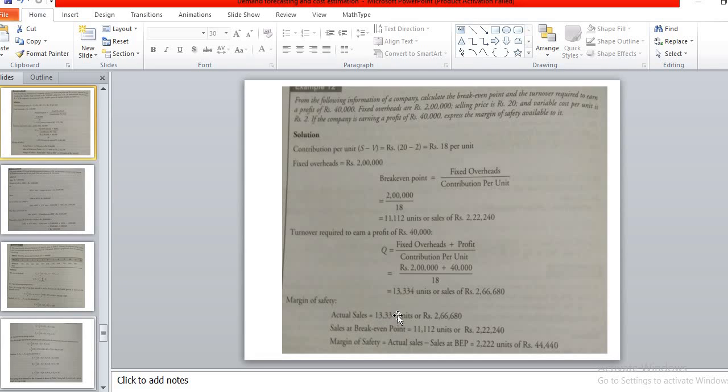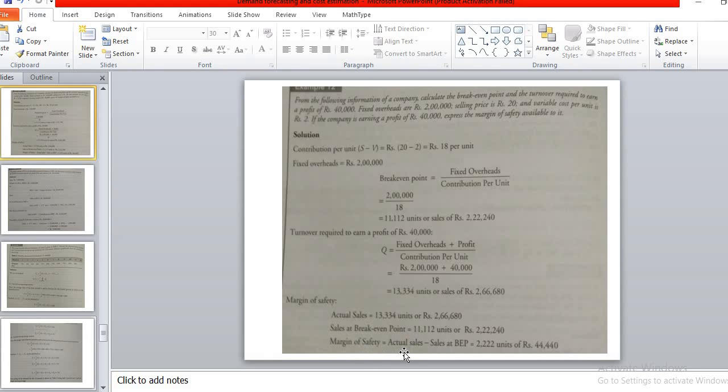Now the actual sale is 13,334 units with this sale value. Sale at break-even point is 11,112 units with this sale value. And the difference between these is nothing but the margin of safety.